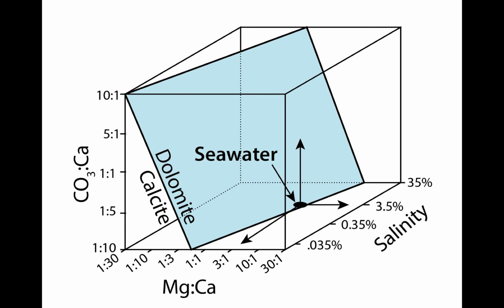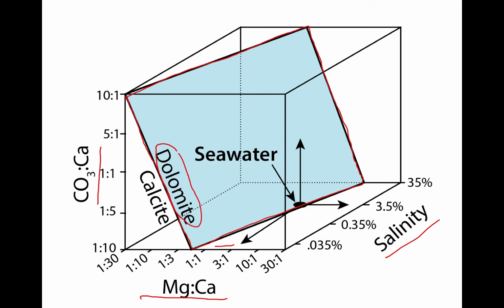So here's a three-dimensional graph showing basically the top 3 of those conditions: the carbonate to calcium ratio, the magnesium to calcium ratio, and the salinity. And this plane here, colored blue, is a plane in 3 dimensions. Above that plane, dolomite will form.